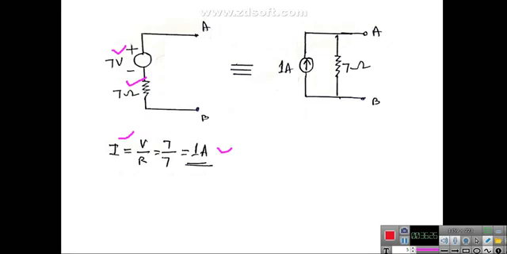The direction of the current depends upon the polarity of the source, so the current direction is upward, and the resistance in series with the voltage source will be connected in parallel. This is the conversion of a voltage source into a current source.